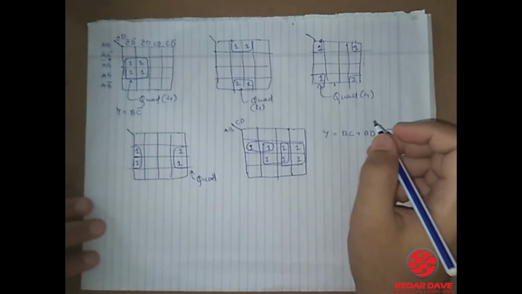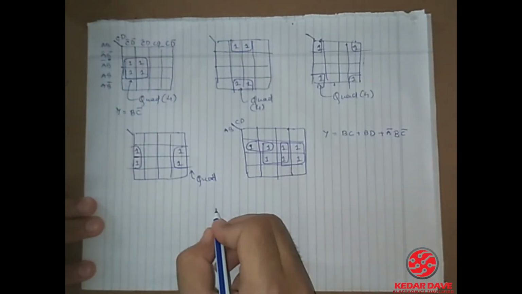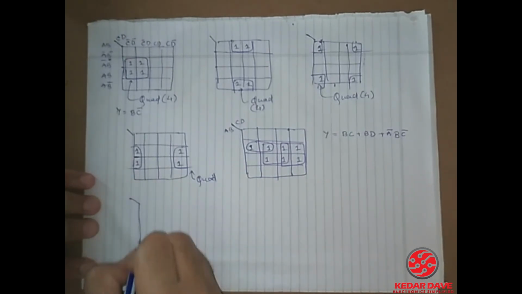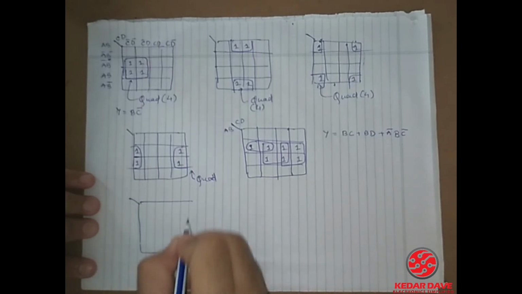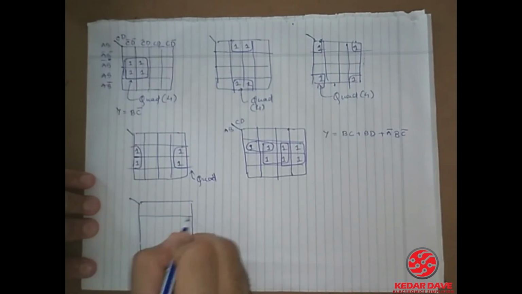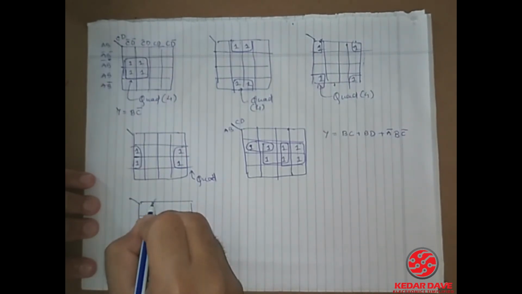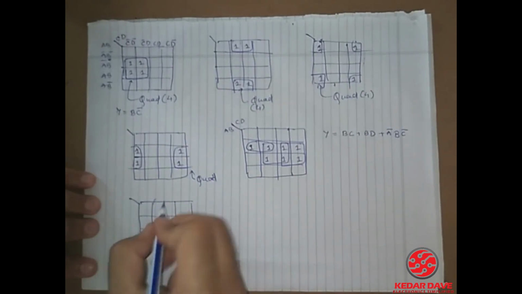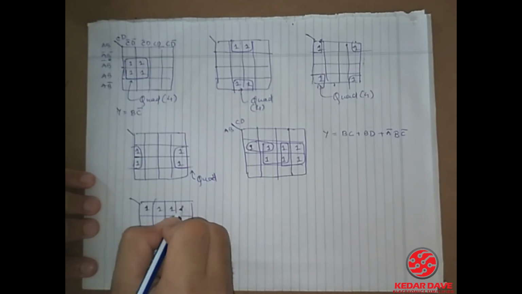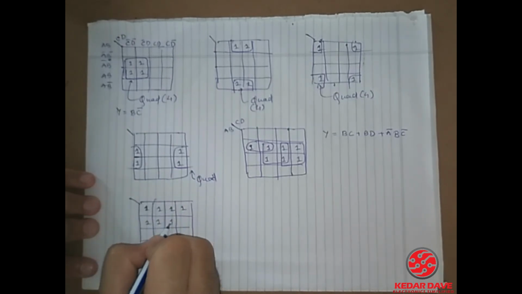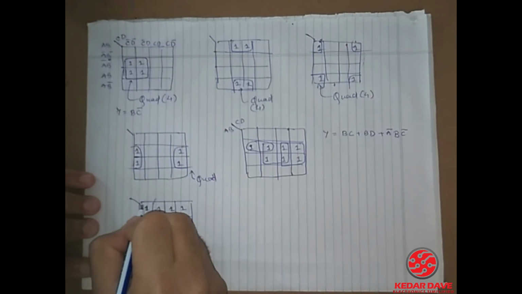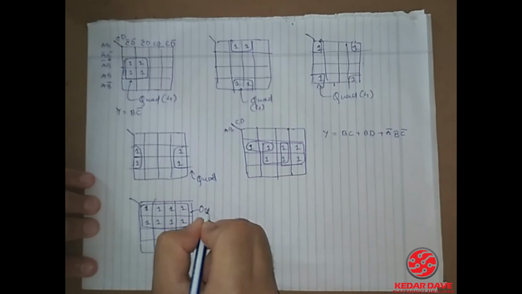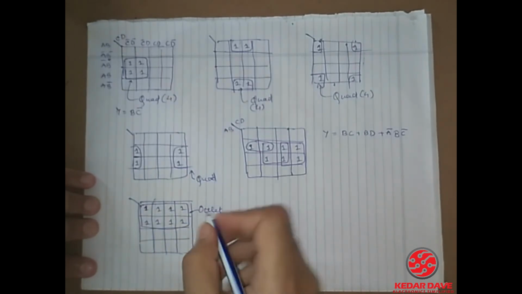And the last but not the least, the last case is that we are getting the octet, right? So in octet conditions, we can pair it this way, that we are getting ones in this particular form. These are all 1, these are all 1, and this whole group is called the octet, right?